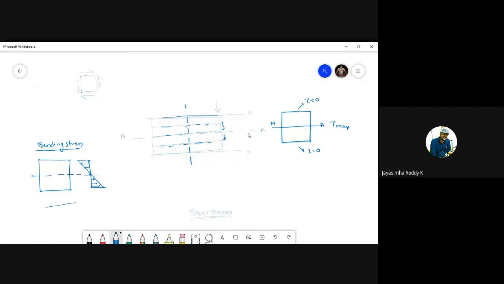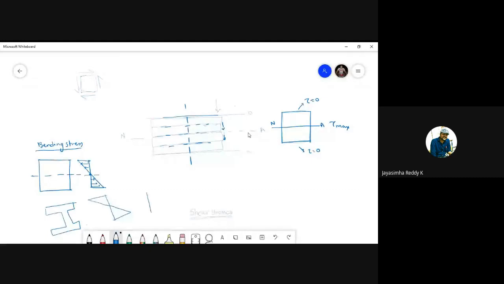Similarly, for I section also you have drawn it, right? So for I section also, this bending stress will be maximum at this portion and will be like this. Okay, so similarly for this also like this.